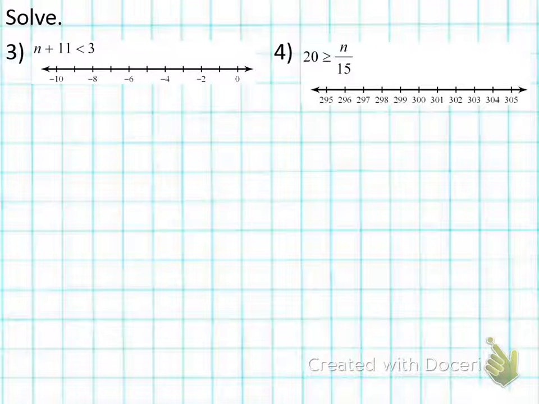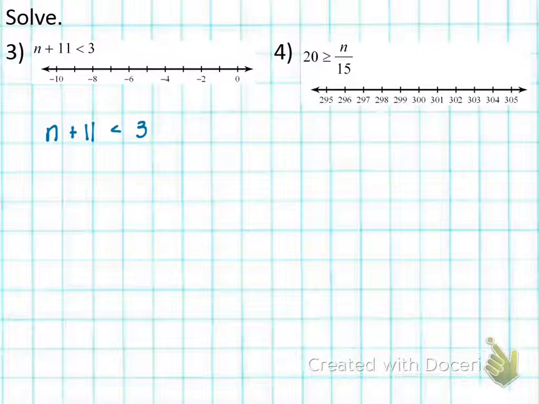Let's write this down. n plus 11 is less than 3. Looking at the inequality, what's the letter we're looking at? n. Are there any subtraction signs by the n? No. Are there any addition signs by the n? Good.